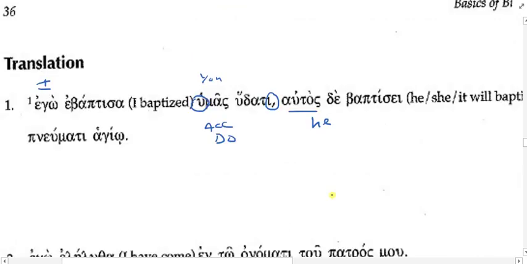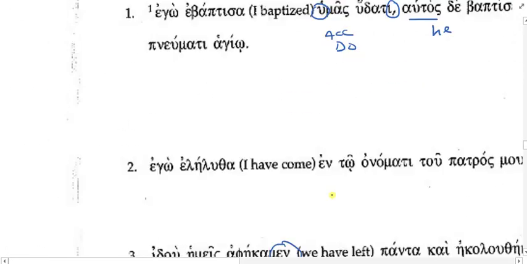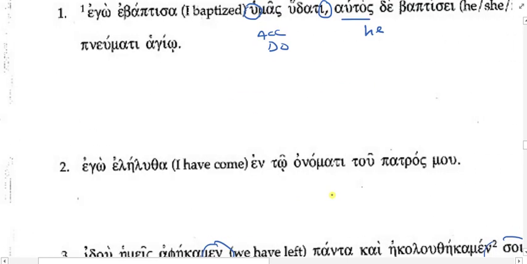It's not nominative singular, right? No, genitive, sorry. You might look at that and think it's a second declension noun, but it's the case ending. In the name of my father, literally in the name of the father of me. If you take this "mou" as the genitive singular of "ego," it's "of me." So the father of me is whose father? My father.